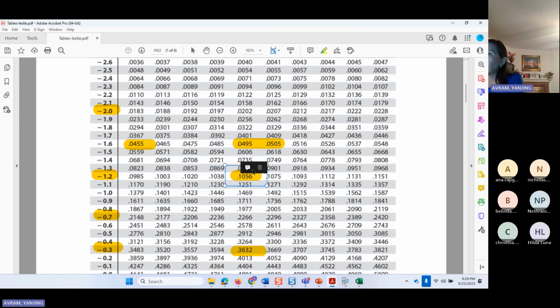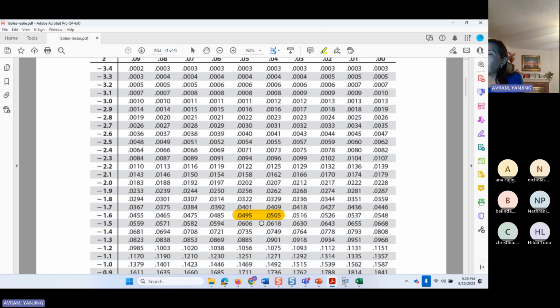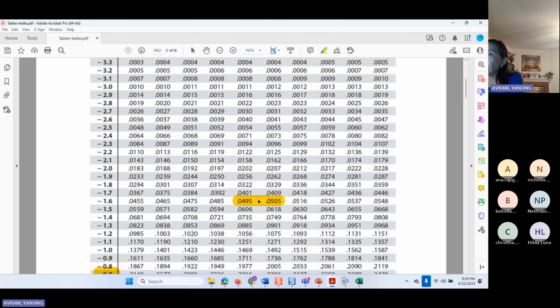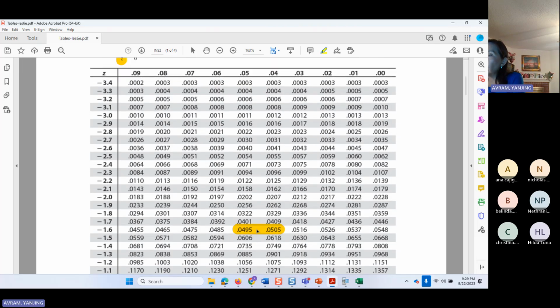I'm going to delete all this so you don't get distracted. Look at this one right here. My area is 0.05, and I cannot find a number exactly in the middle. This 0.05 is exactly in the middle of these two numbers, so you cannot choose either one, because neither is closer.